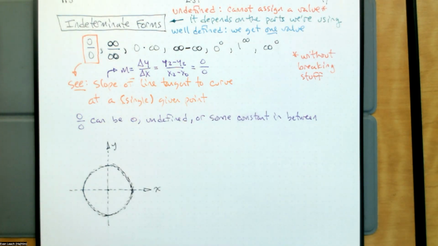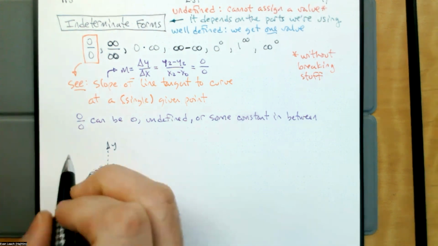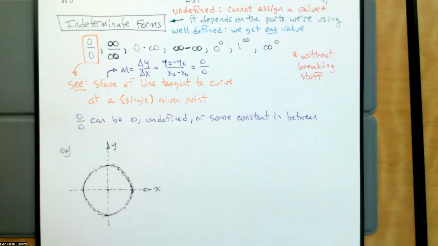So if we imagine this circle, depending on where we draw the tangent of the circle, the slope of that tangent will be 0 or some constant or undefined.